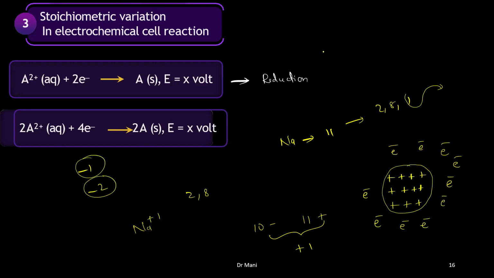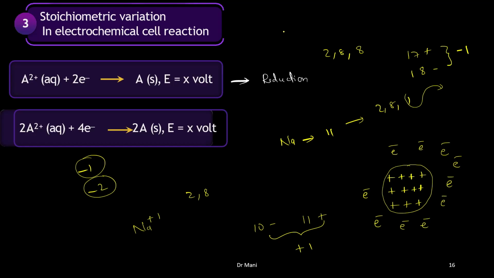Suppose you take chlorine or fluorine, they are 2, 8, 7. That means a total of 17 positive charges and 17 negative charges. But this is not a stable configuration. So chlorine wants to gain 1 more electron, so it becomes 2, 8, 8. At that time the number of electrons is 18 and the number of protons is 17, so the net charge is -1.